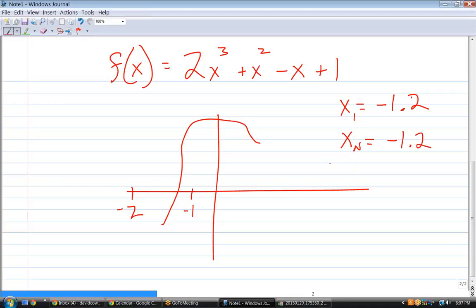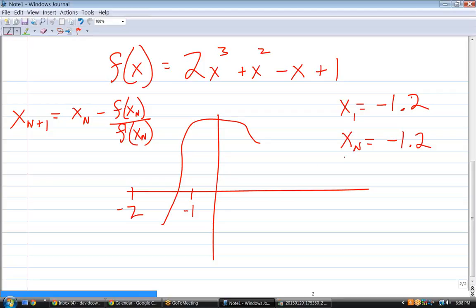Since our formula for the next guess is a function of the first guess and the function evaluated and the derivative of the function evaluated at that first guess, then I need f of x sub n and f prime of x sub n.